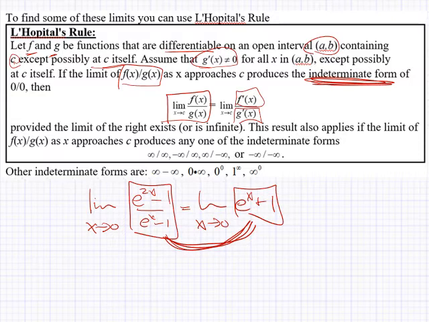Well, this is basically saying the same thing. If I'm trying to do the limit as x approaches c of f of x over g of x, and that limit happens to result in an indeterminate form, and that's the key, it has to result in an indeterminate form. Right now, 0 over 0 and infinity over infinity are the two main ones, but we're going to see a couple other ones too.